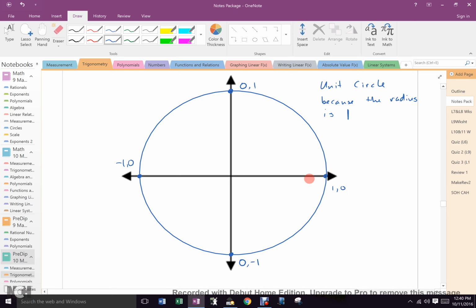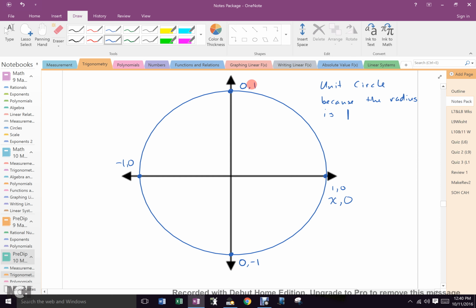But if I stretch this circle this way, which will automatically stretch it this way, what will change here? The x or the y? The x is the only thing that's going to change, right? So this point on every single circle is x, comma 0, isn't it?